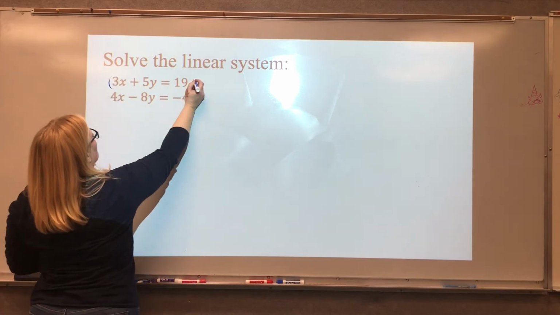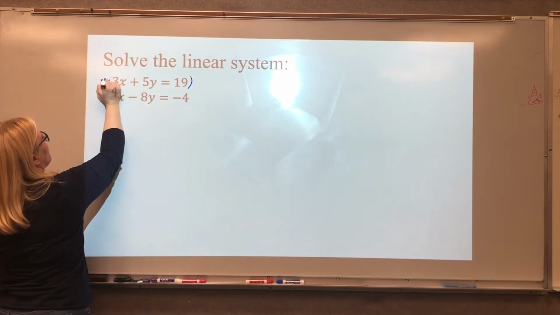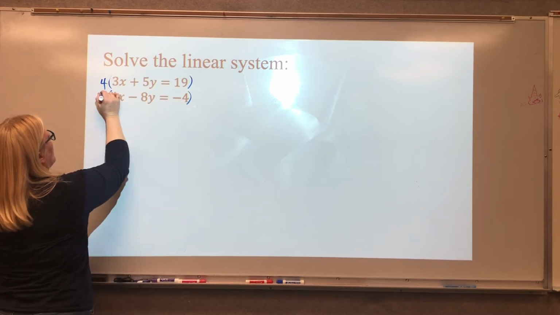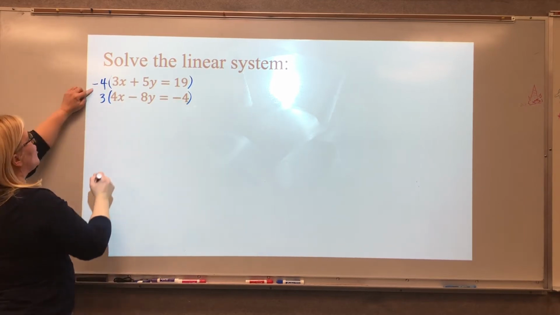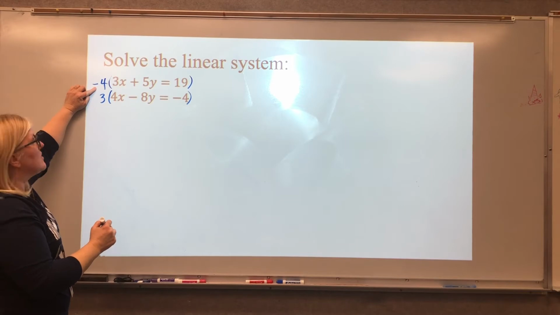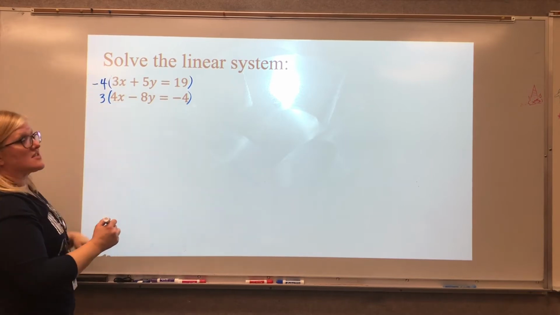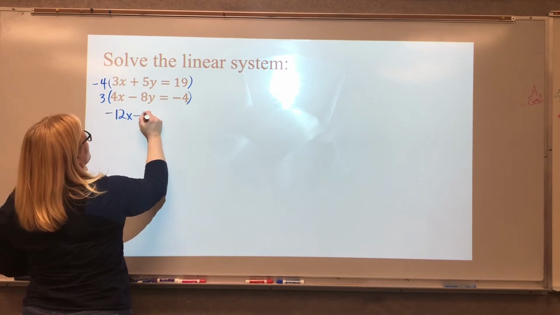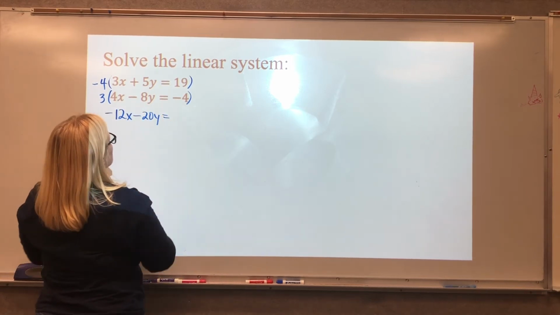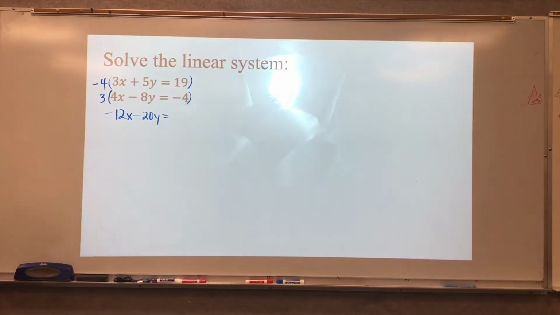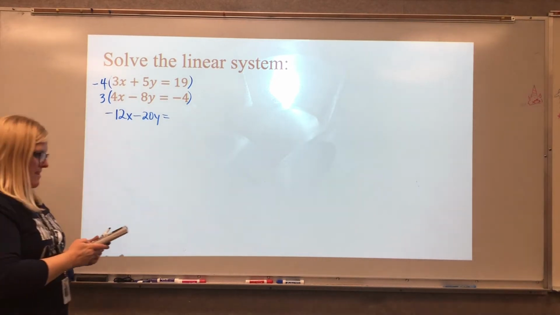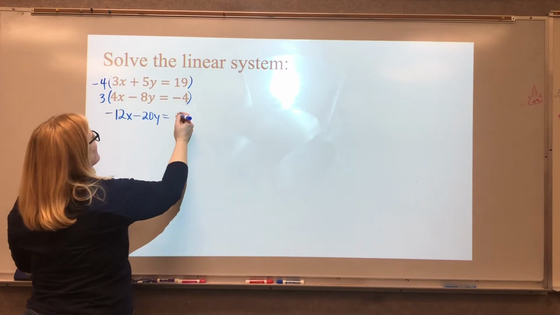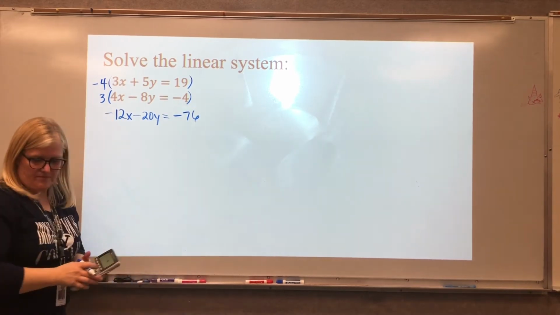Okay, so when I multiply through this by a 4, and I multiply through all of this by 3, one of them needs to be negative, so that I get a negative 12 and a positive 12. So this is negative 12x minus 20y equals, what is 19 times 4? I don't know. 76, negative 76.